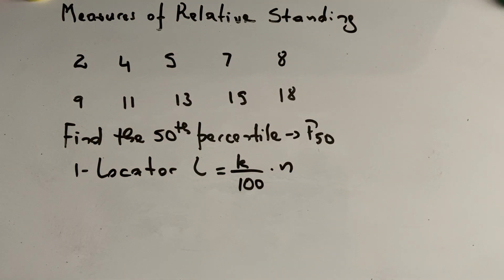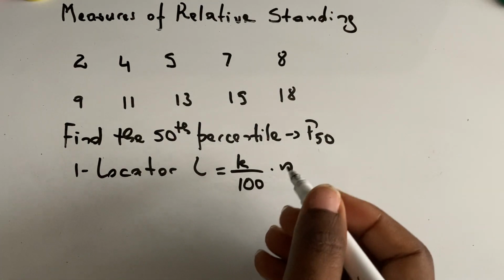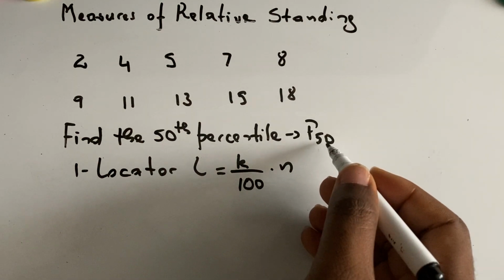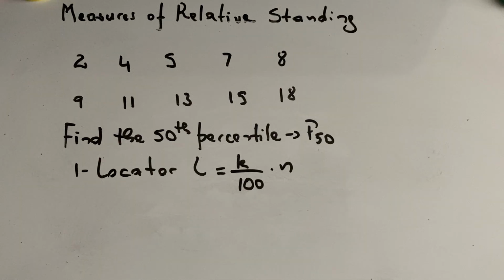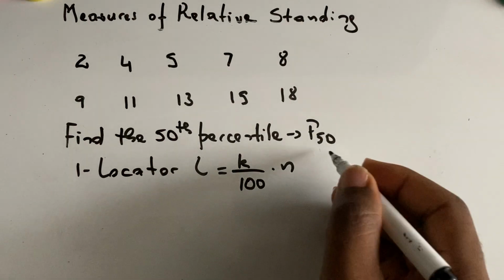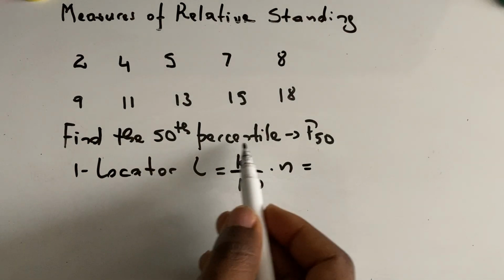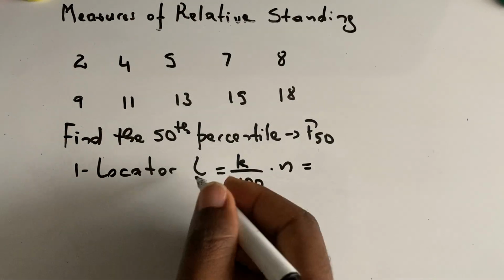Now, n is the total number of values you have. k is the actual percentile you want to get, in this case 50. So k is 50. The locator tells you where the value at the 50th percentile is. That's why you need the locator.